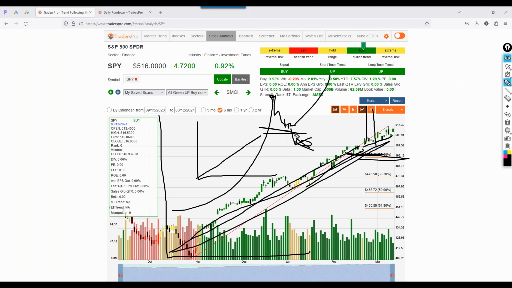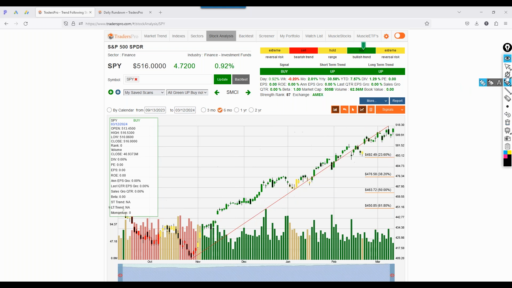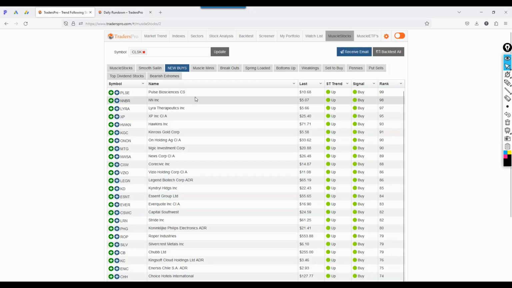And maybe this one revisits that uptrend at some point in the future as well. If it comes back into that new uptrend, then we might consider it and retrade it again. But there are always opportunities of stocks that are making new buys to jump into, really every day in current market conditions.